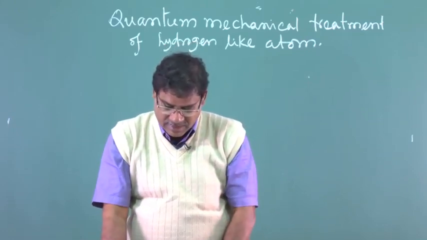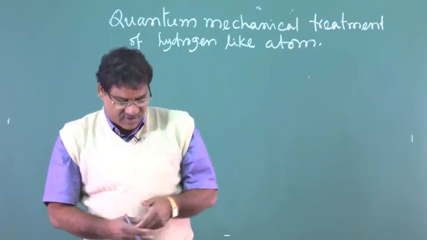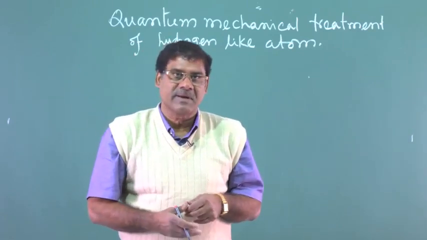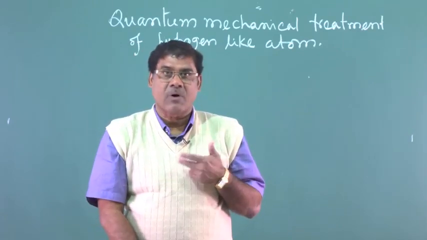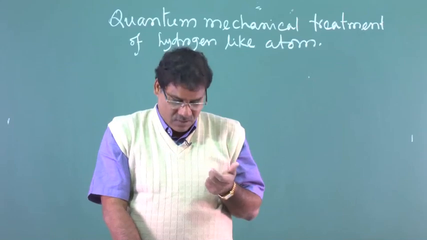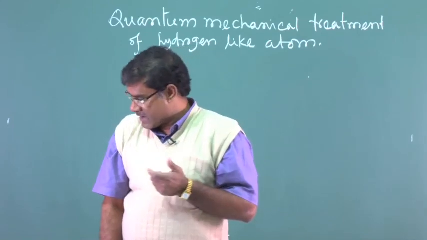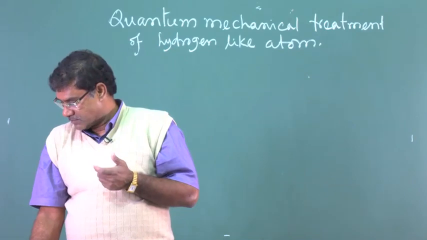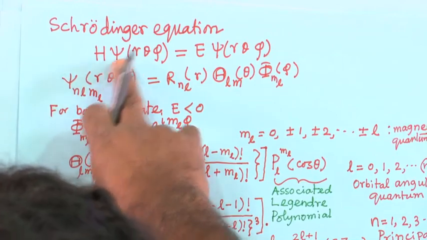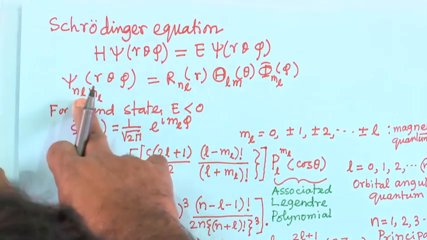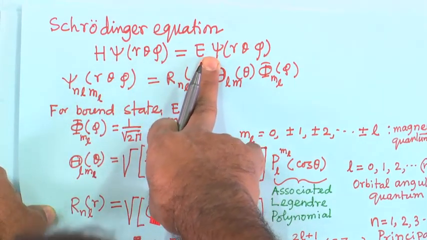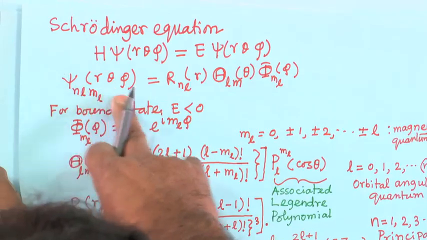As I already told, there is an additional benefit we get from solving the Schrodinger equation, and that is the eigen wave function. When we write this type of equation, H psi, with psi now written as psi n l m l, we can write H psi n l m l equal to E n psi n l m l.